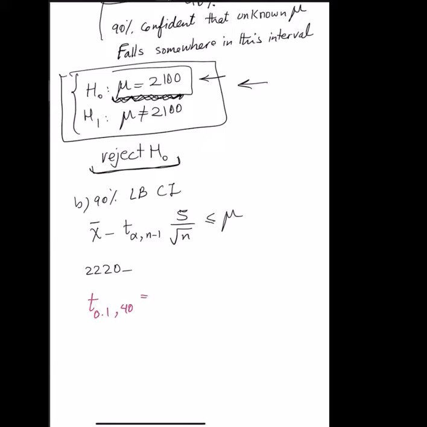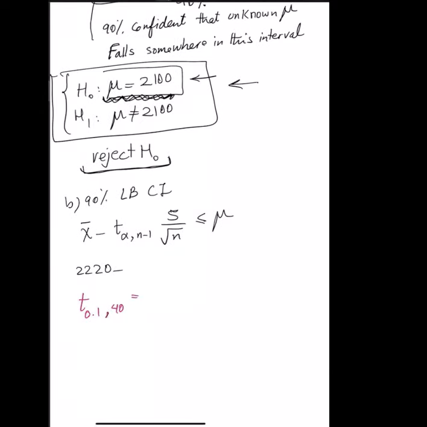T of 0.1 and 40 is 1.303. Yes. Yeah. 1.303.